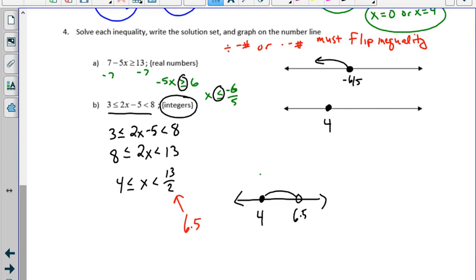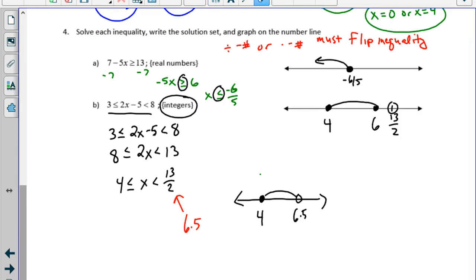It must be greater than or equal to 4, and then here is 13 halves, and it must be strictly less than 13 halves. The next integer that's close to that is 6, so we would stop at 6 if we were drawing it with a line.